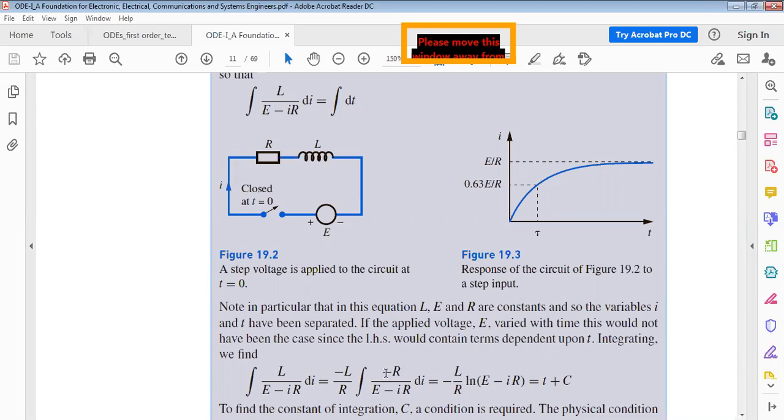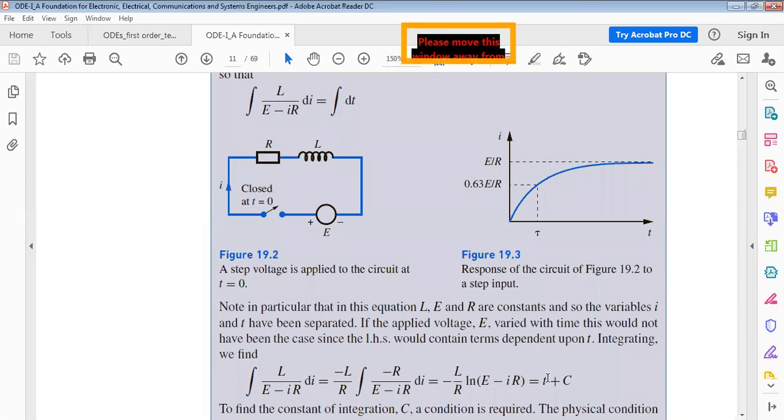So this is the formula of 1 by x, whose integration is ln x. If we differentiate E minus IR, we get minus R only, since E is constant so its derivative is 0, and I gives only 1. This is why minus R. By using the variable separable method for this circuit, we get minus L by R ln(E minus IR) equals t plus c.